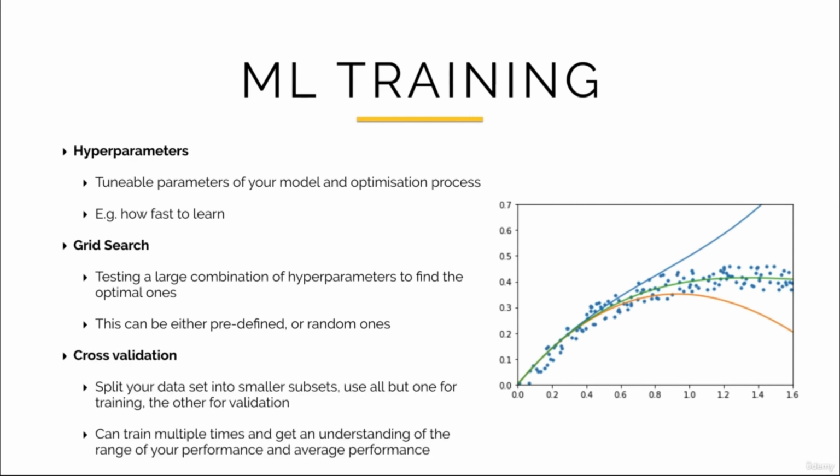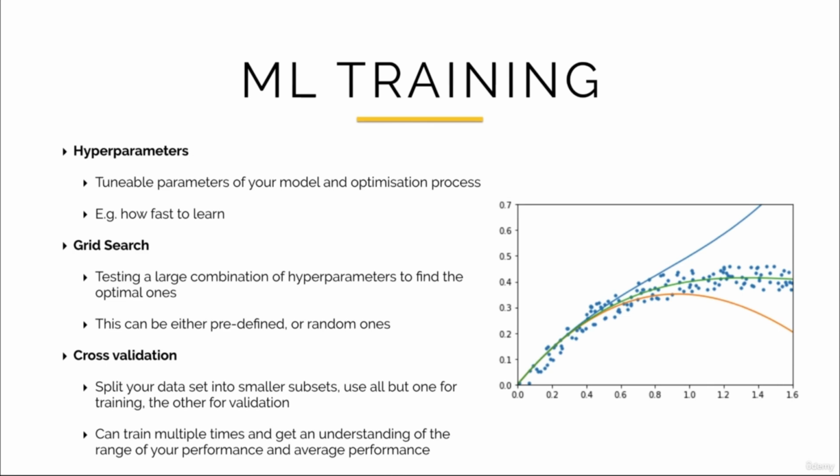And finally, also something important to know is cross-validation. We talked about validation in the previous part, but the idea of cross-validation is that you take your data, split it into smaller subsets, take all but one of those subsets for training, and then take the last one for validation.